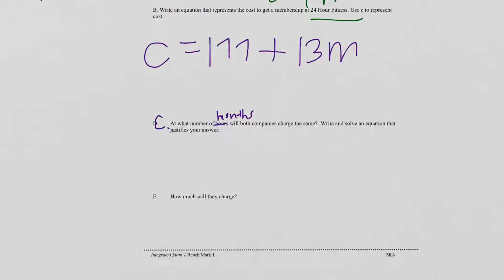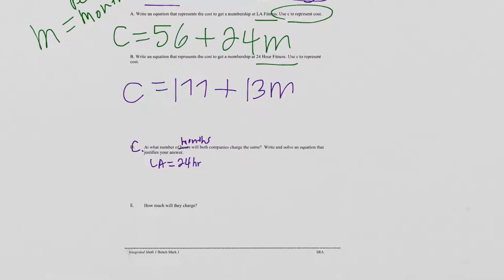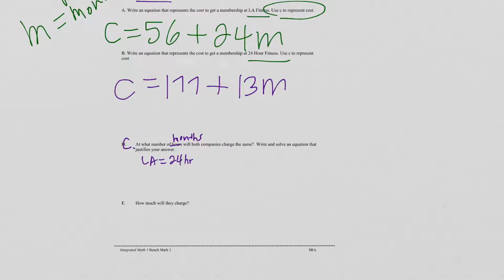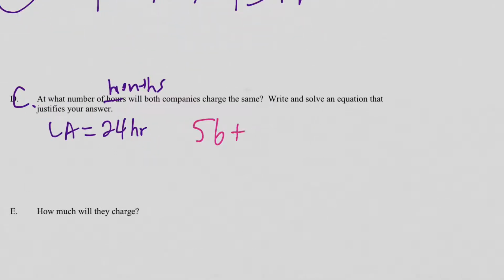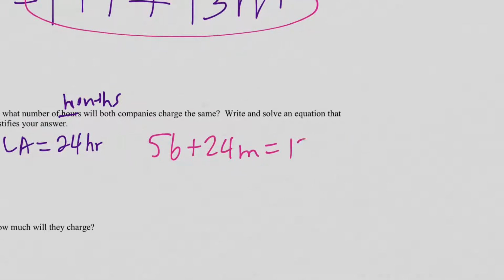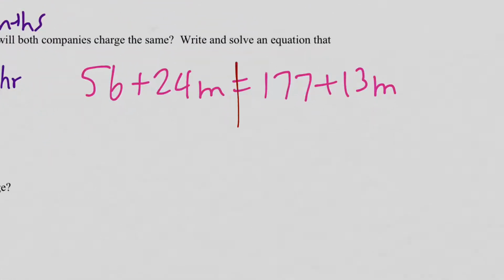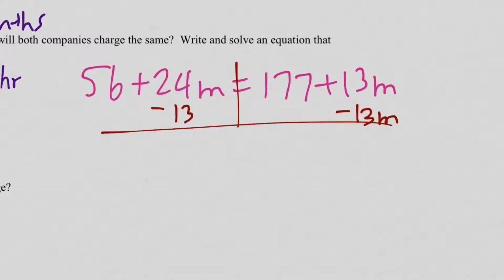That means I need to make LA Fitness equal 24-hour fitness. So LA Fitness is 56 plus 24M, and 24-hour fitness is 177 plus 13M. I'm going to solve for M. So the opposite of adding 13 is to subtract 13 from both sides.